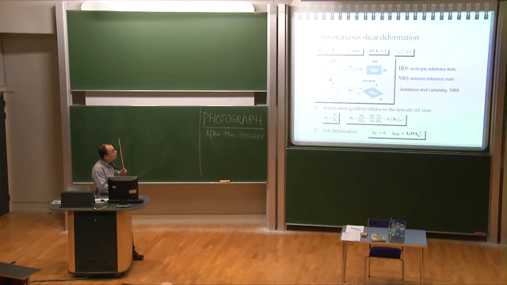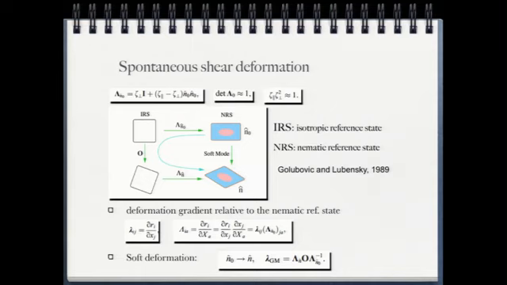Now suppose you go from this nematic reference state to this different nematic state. By symmetry, they should have the same elastic energy. These two states are related by a rotation of the nematic order, together with a non-trivial shear deformation.